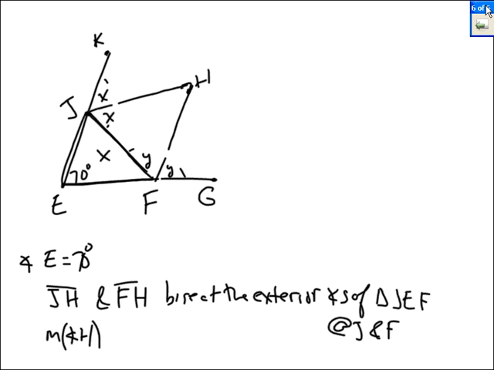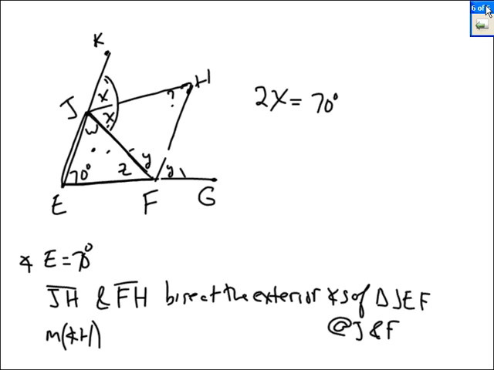Okay, and we want to find angle H. Now, this exterior angle is 2x. And maybe we'll call this Z. We know that 2x must equal to, in this triangle, not that angle, not angle W, but the other two.